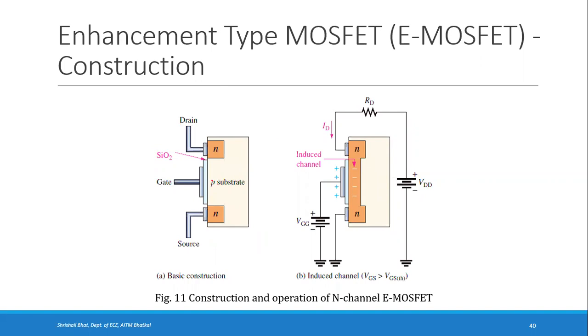In that P-type substrate, two regions of N-type are diffused, and over it there is an insulating material like a silicon dioxide layer, over which the gate is connected. The two N regions are connected to two terminals, the drain and the source. There is no connection between the two N regions, so there is no physical or structural channel during construction.